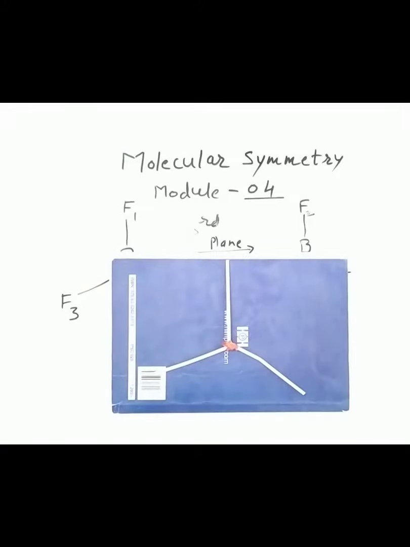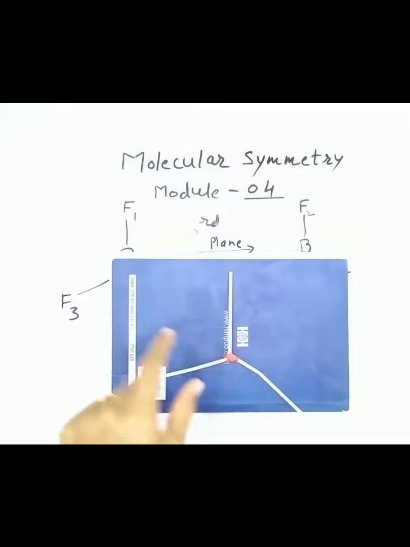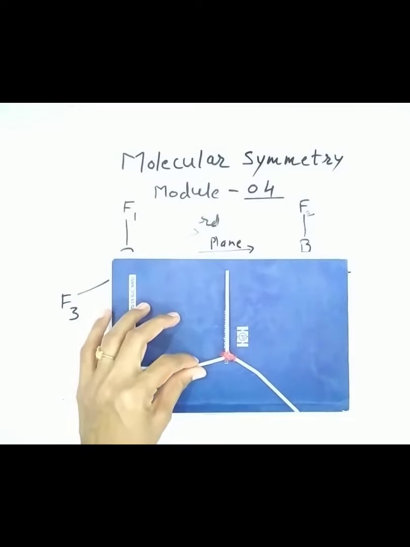Again I will try to explain the mirror planes present in the BF3 molecule by using these stick models. This is the BF3 molecule. This red one is the boron atom at the center and these are the 3 fluorine atoms present at the trigonal sides of this.